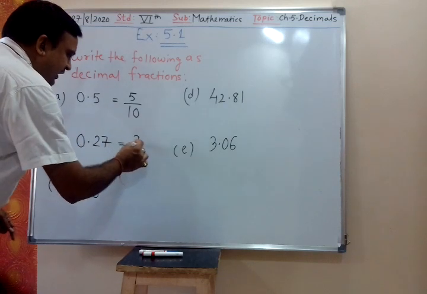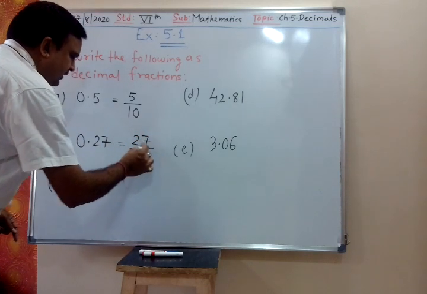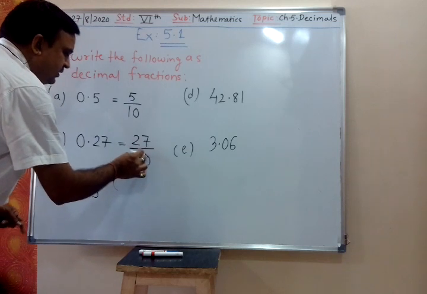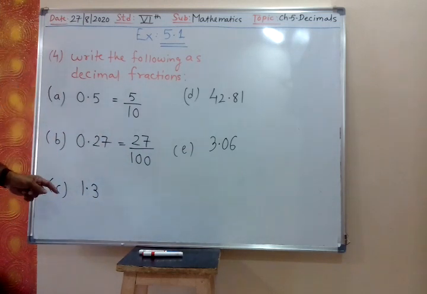So this I can write 27 upon 100. If there are two digits after decimal, we divide by 100.